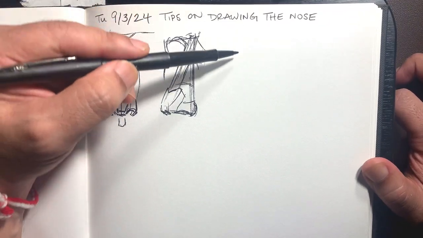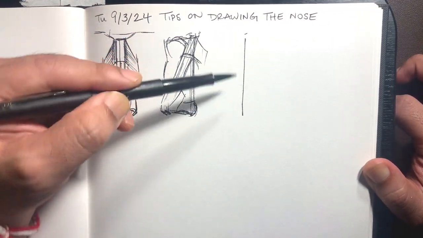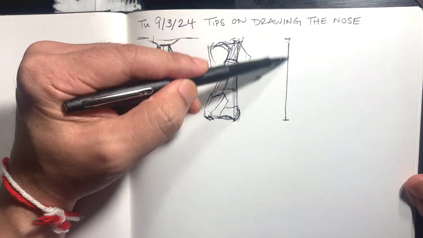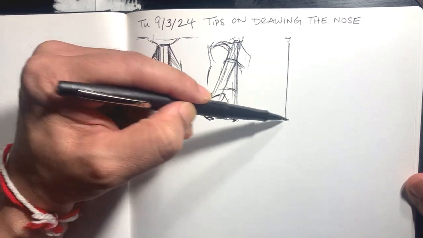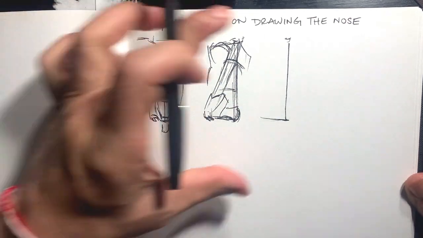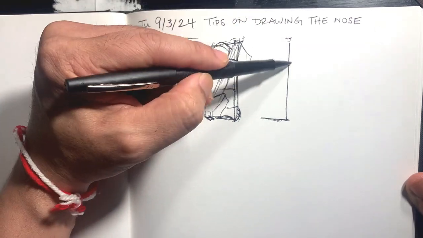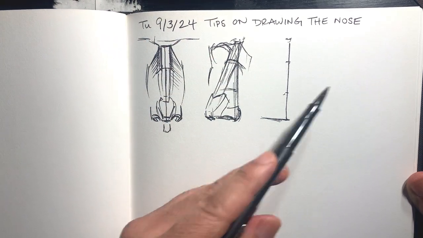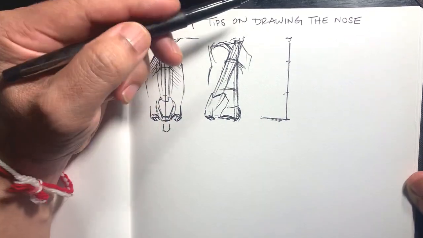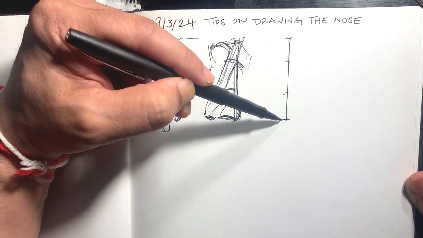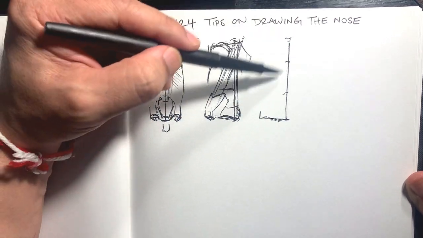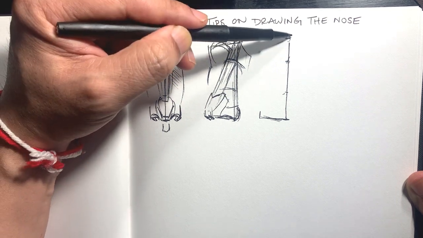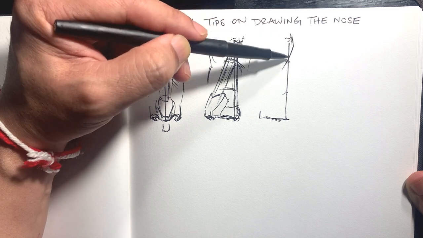Now from the profile, I like to use a center line, and then I'll figure out, since we're zoomed in on the nose, just divide it into thirds. It's different if you were doing a zoomed out version, but just for now, the nose can come out, decide how far out, and then the bone part, the base of the nose, goes in.